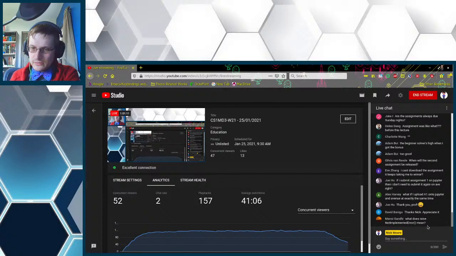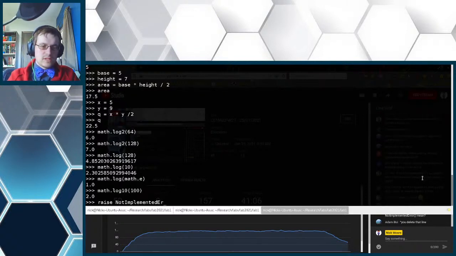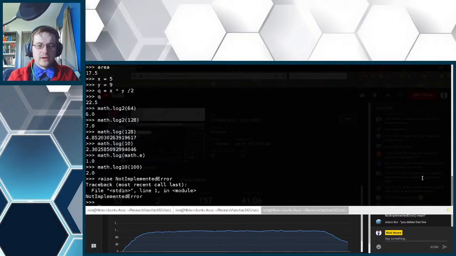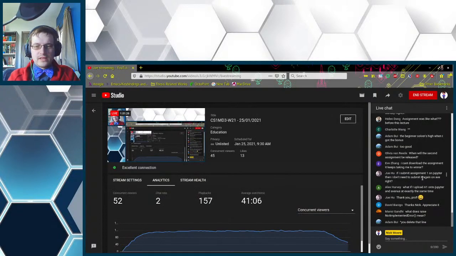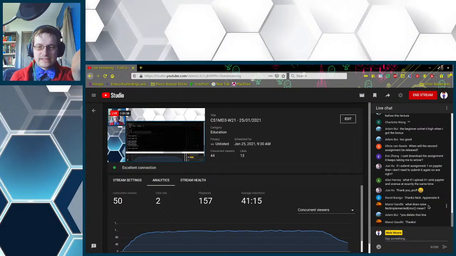So what does the raise not implemented error mean? That's a thing for Python where, if you haven't finished something, you can put that in so that you can still run and compile the program without that being completed, because it makes it syntactically correct.